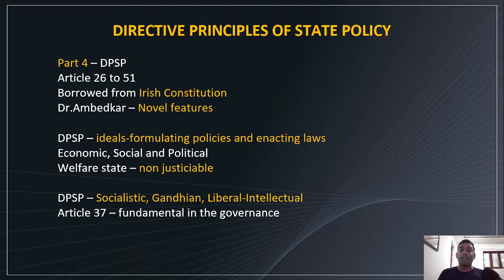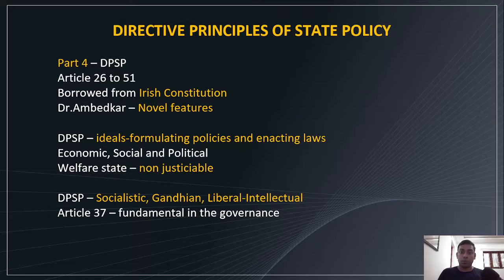It is non-justiciable in nature. Non-justiciable means that for the implementation of the Directive Principles of State Policy, we cannot approach any court of law. But fundamental rights are justiciable. If our fundamental rights are violated, we can approach either the Supreme Court or the High Court.